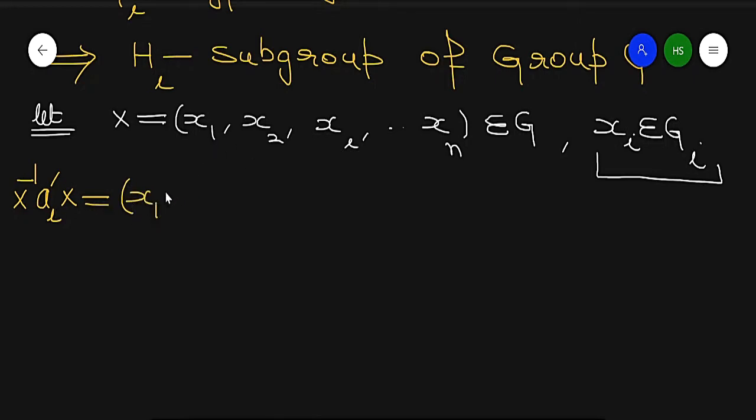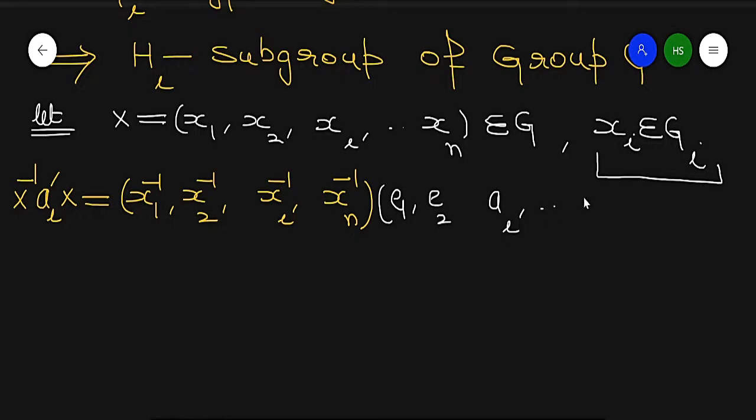So its value is x1 inverse, x2 inverse and so on, xi inverse and xn inverse. Now the second tuple is ai dash, which is e1, e2 and here ai and so on en, where ai belongs to Gi, and the third product is x, which is x1, x2 and xi, and last xn.